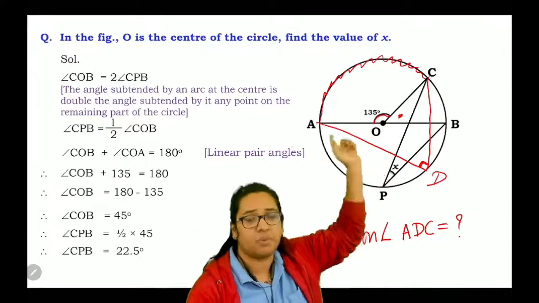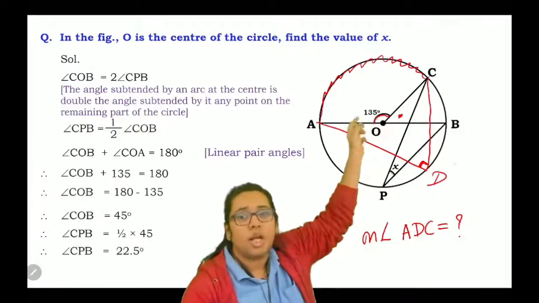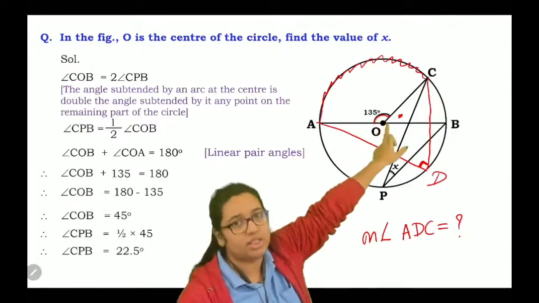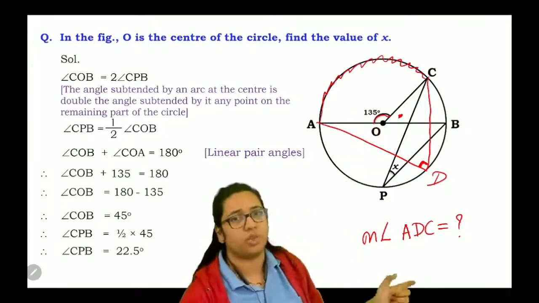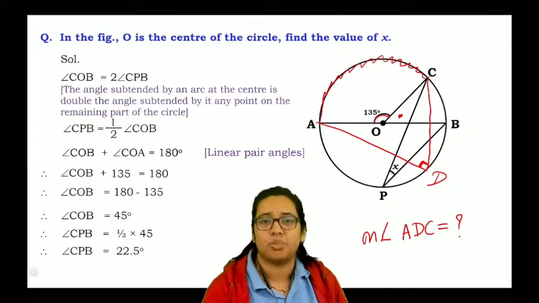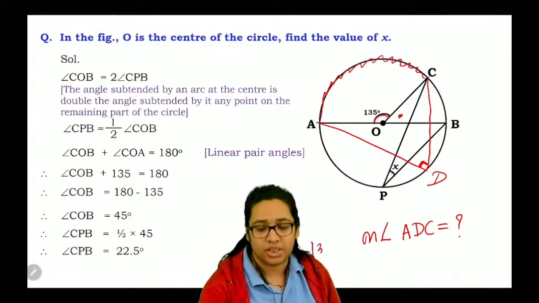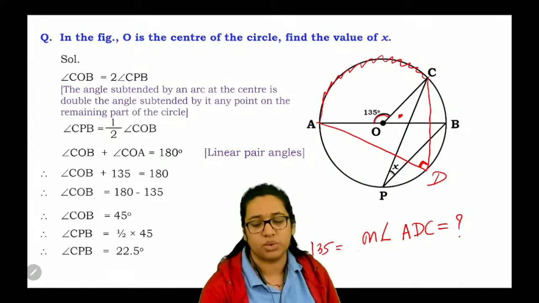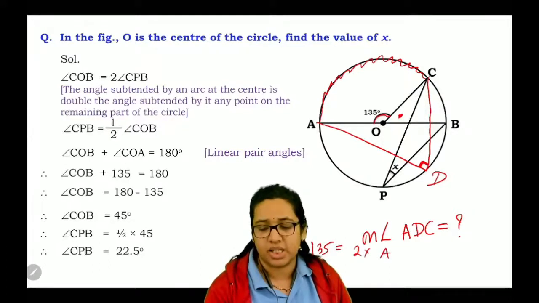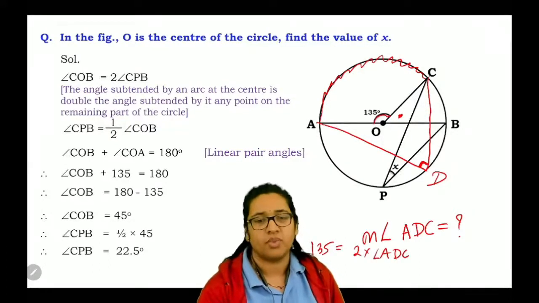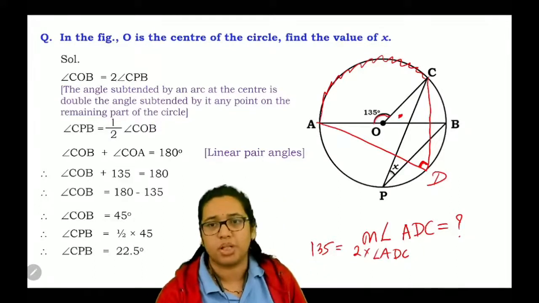Minor arc रहेगा आपका AC. उसके लिए आपको क्या मिलेगा? सेंट्रल एंगल के लिए कुछ मिल रहा था 135. देन ऑब्वियसली ADC के लिए आप क्या बोल सकते हो? 135 equals to twice of this ADC. So ADC is nothing but half of this.